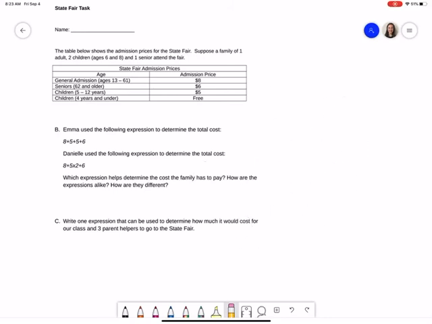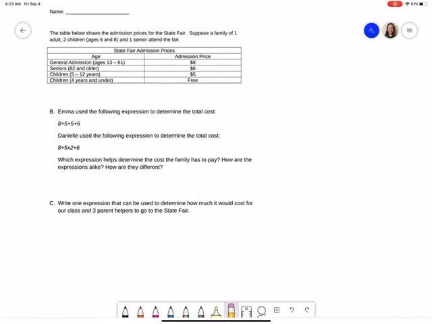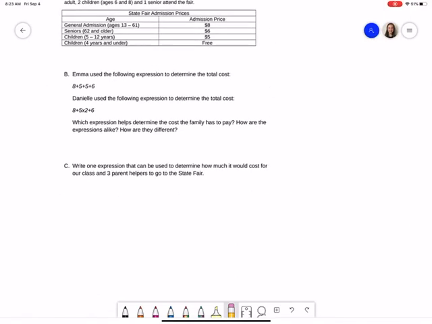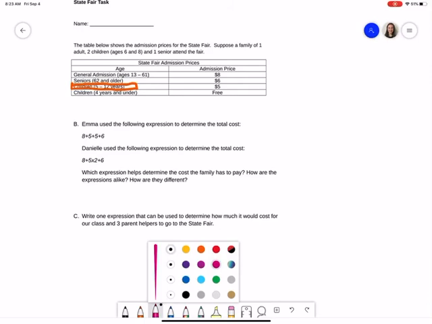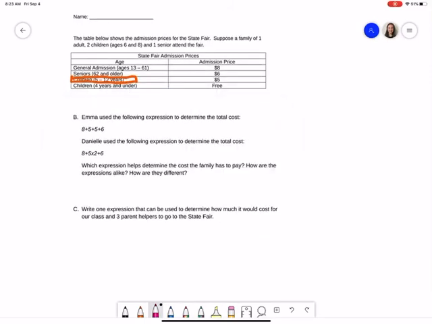All right, last but not least, C. Write one expression that can be used to determine how much it would cost for our class and 3 parent helpers to go to the state fair. Okay, so all of our class is going to be in this group right here. All of our class except me, I'm going to be in this group, right?